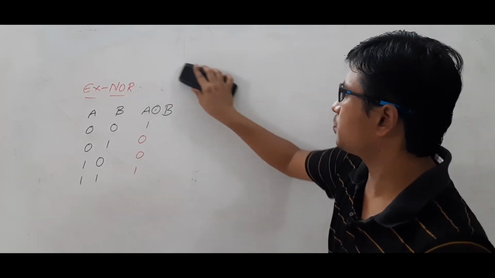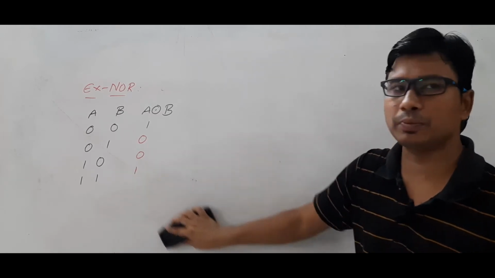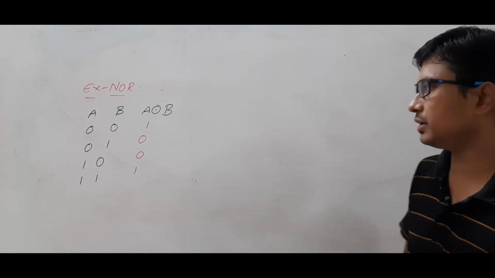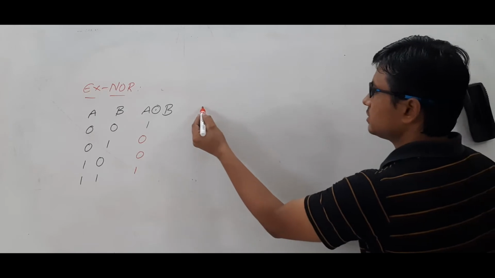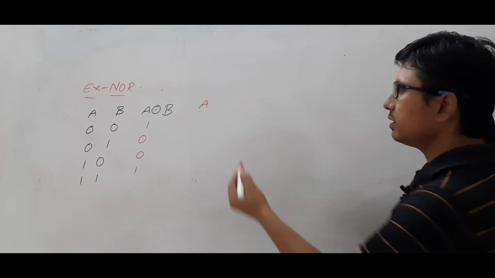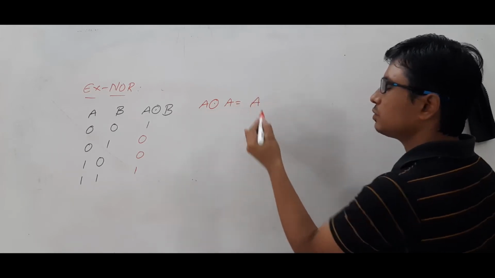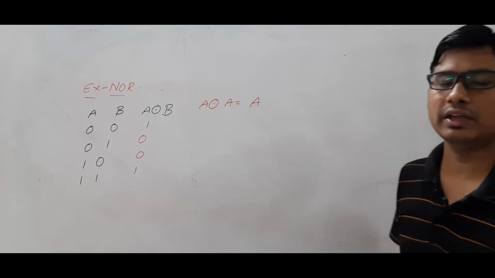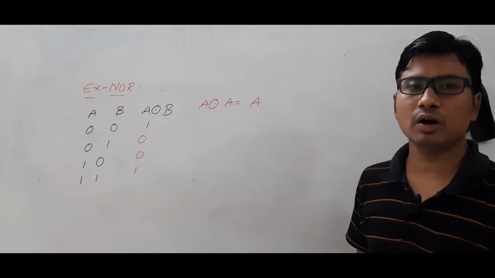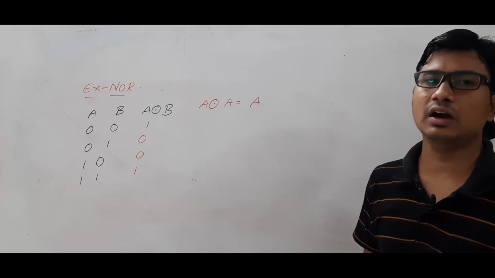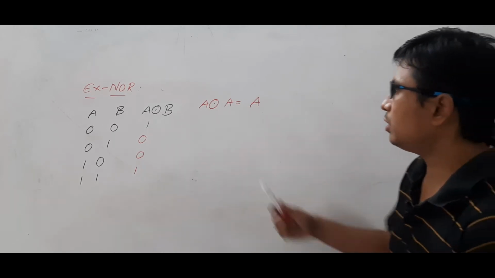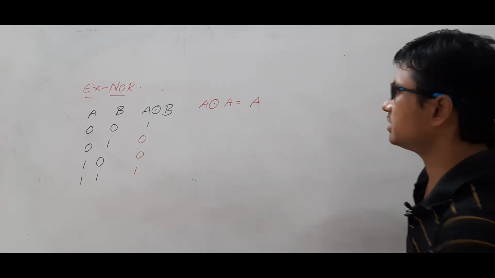Now come to the properties. The first basic property is idempotency. What is idempotency? It says that A exclusive NOR A should be equal to A. If it is so, then I will say that exclusive NOR is satisfying the idempotency property. Now we will expand the left hand side equation.